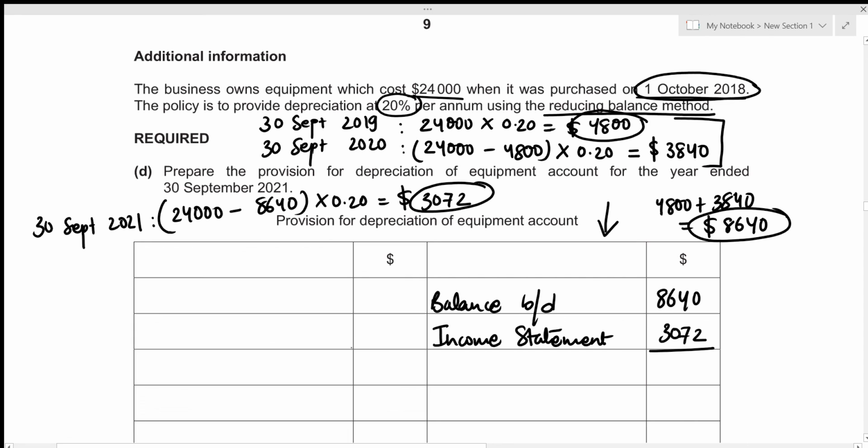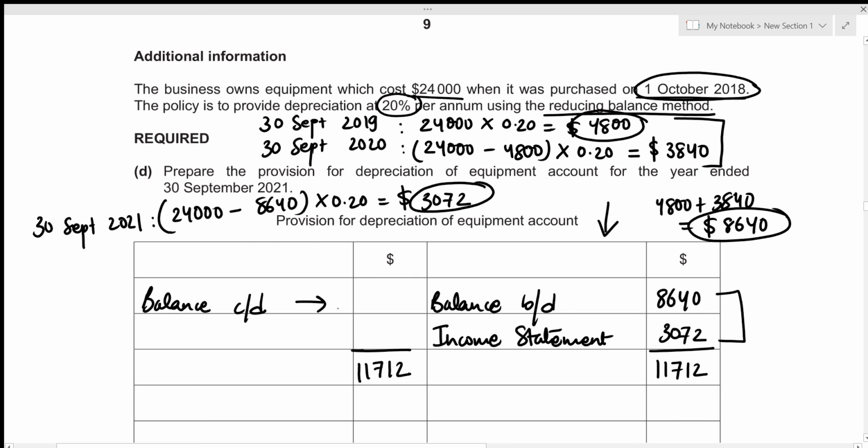Alright, now we can figure out our closing balance. If the opening balance is on the credit side, then the closing balance will be on the debit one. Okay, let's figure out the total. That's the sum of these two amounts, 8,640 plus 3,072, which results in the total of 11,712. Same goes for the debit side.